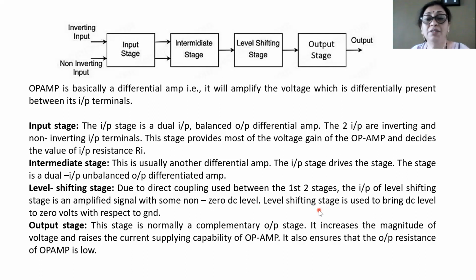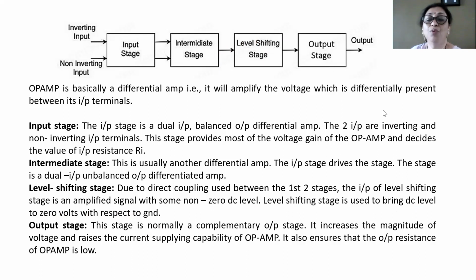What the level shifting stage does is make the DC level equal to 0 with respect to ground at the output of the operational amplifier. So the level shifting stage is responsible for removal of the DC component from the output of the operational amplifier.